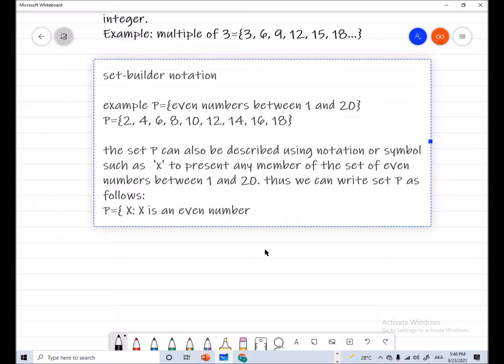Yes, it's an even number. So if it's an even number, then we give the range. Then it says that 1 is less than the members of P, and also less than 20. You close it.